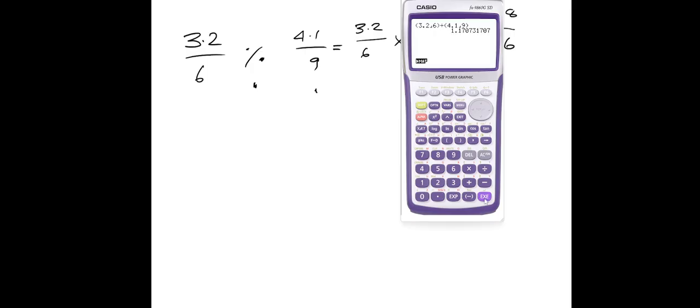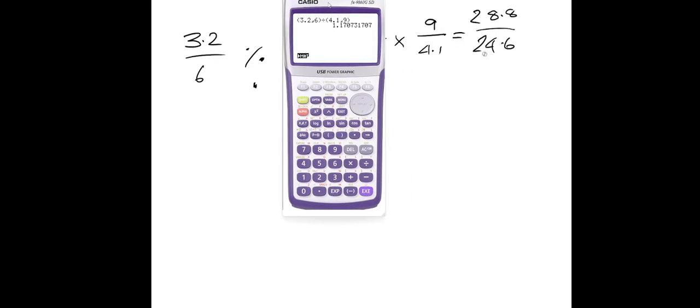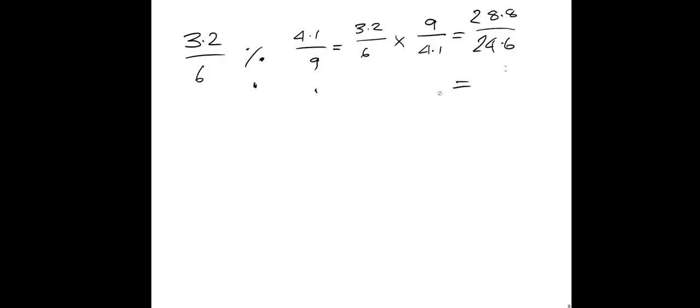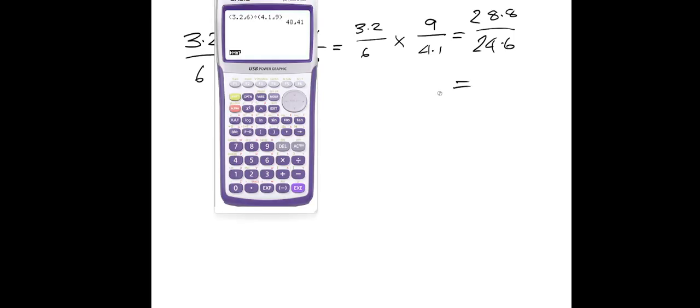And now when I hit EXE, I get this 1.17 and bits, which is what we got before, but it actually has a nicer answer than that. And the nicer answer is 48 over 41.